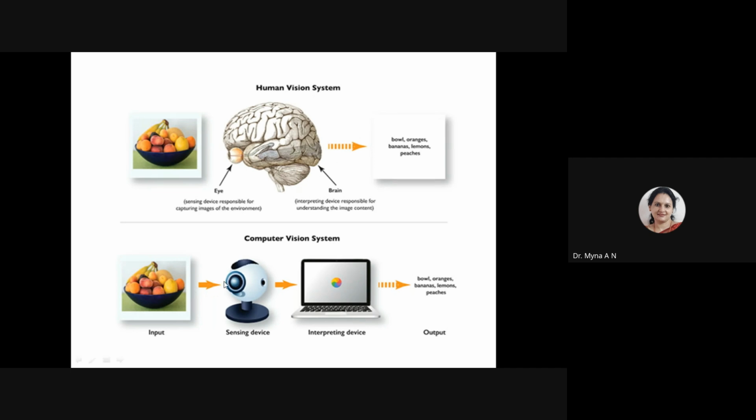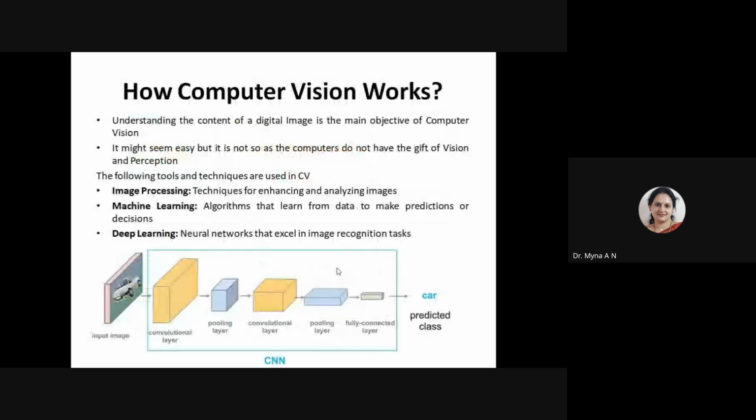We have a sensing device, which is the camera, and an interpreting device, which is the computer, where the processing is done using algorithms. Then the output could be that the computer also recognizes the bowl, oranges, bananas, lemons, peaches, etc. This comprises computer vision.